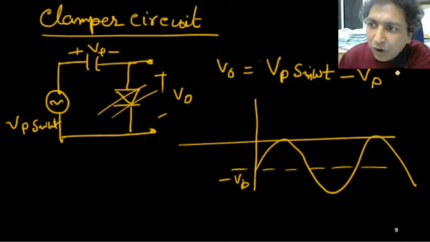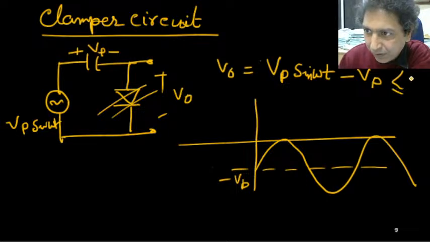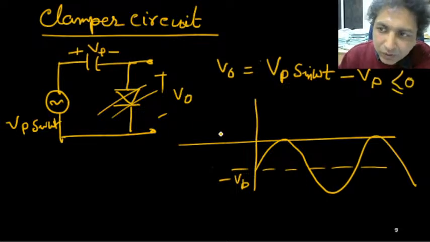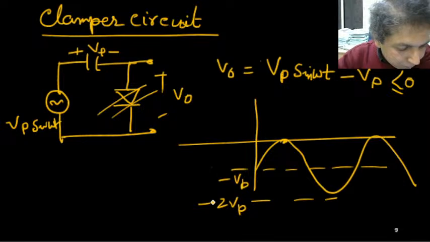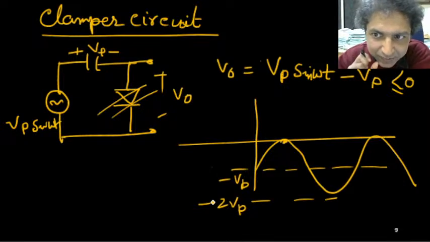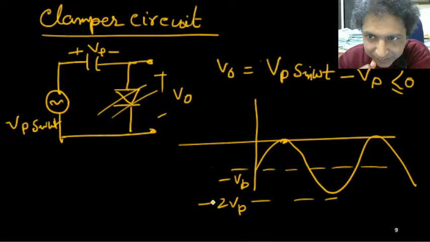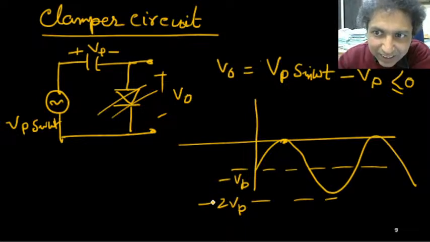So it is always negative or equal to 0. It can touch this one, so it can go down to minus 2Vp. Are you convinced? This is a little bit difficult concept. So first the capacitor will charge up to plus Vp.